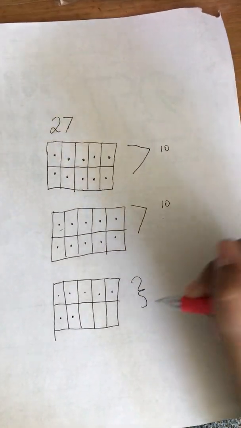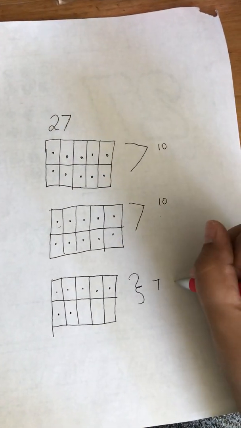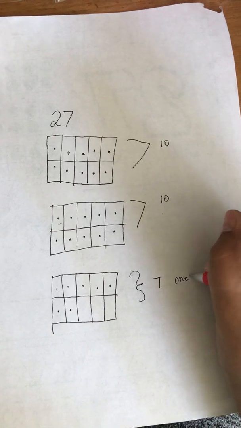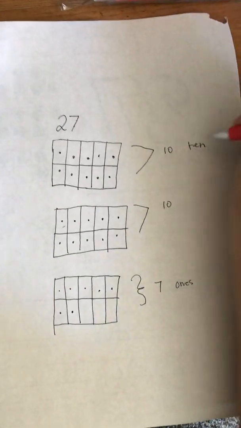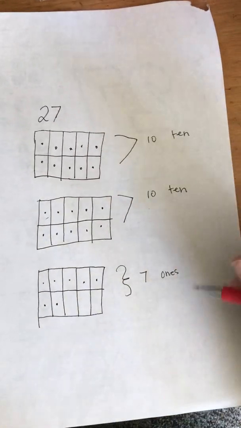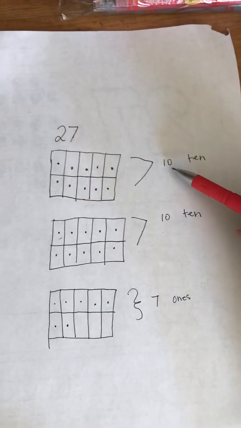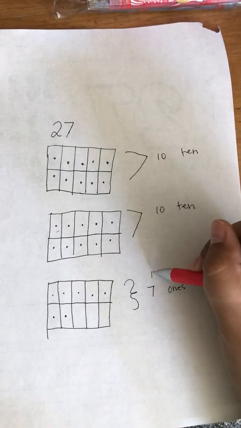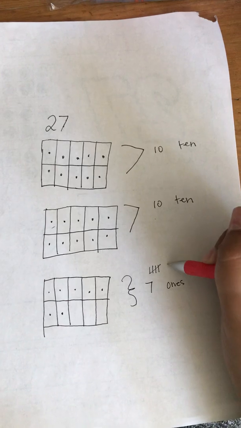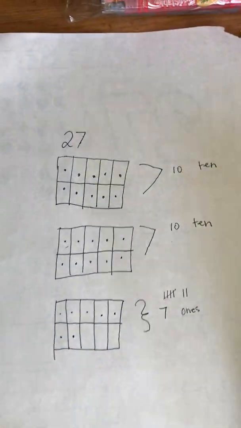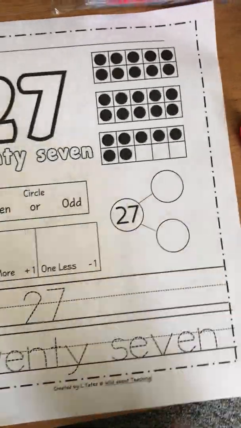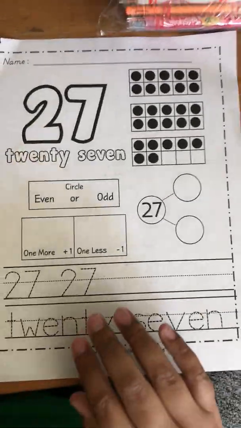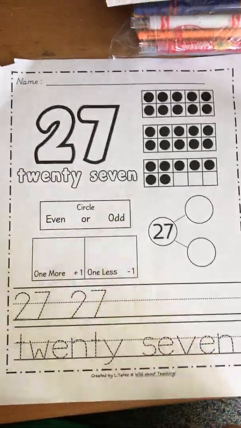and this is a group of 7 ones. Okay, so we have 10, 10, and 7 ones. Okay, so 10, 20, 21, 22, 23, 24, 25, 26, 27. Okay, so you are going to go ahead and work on this sheet, and we are actually going to do it to get some of the parts together.